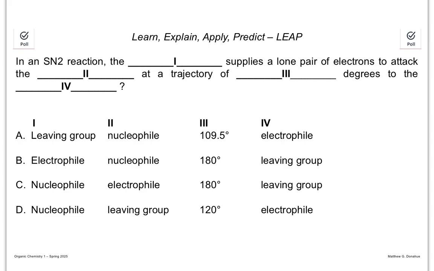So in terms of Roman numeral 1 there, the nucleophile supplies the lone pair of electrons, so we can eliminate A and B, to attack the electrophile, so we can eliminate D, at a trajectory of 180 degrees to the leaving group. So C is the correct response. So that's a verbal way of describing the mechanism, but then you should also be thinking about that in terms of drawing the curved arrows.